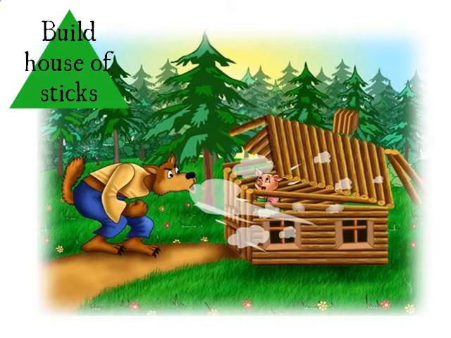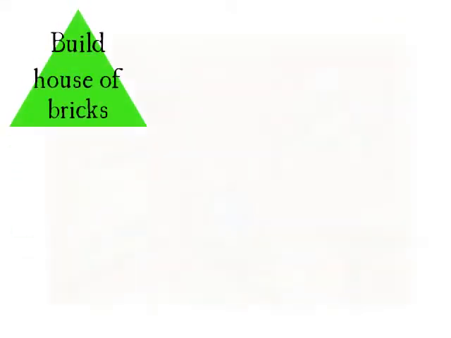So he builds his house of sticks, and the wolf comes along, and again he huffs and he puffs, and he blows that house down. So even though the second little pig had perhaps had more chance to think about what would work in these circumstances, and had applied himself perhaps more thoroughly, still it didn't quite work, and the enemy still has the upper hand. So on they go to the third little pig.